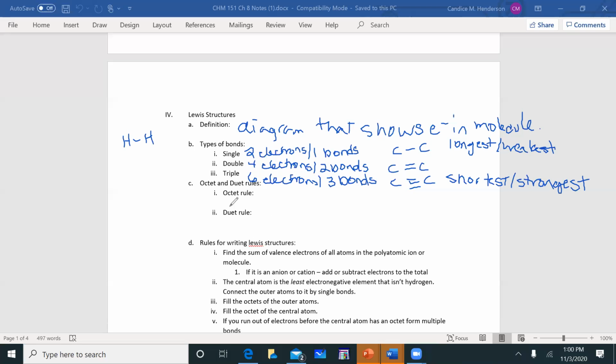Some other things, so octet rule. So this really applies to everything. Atoms want to gain, lose or share electrons to create an octet.